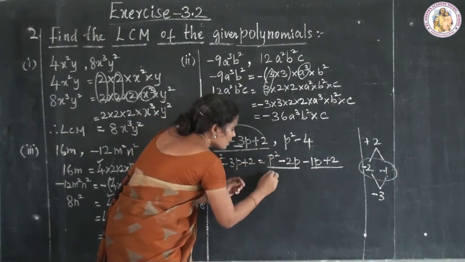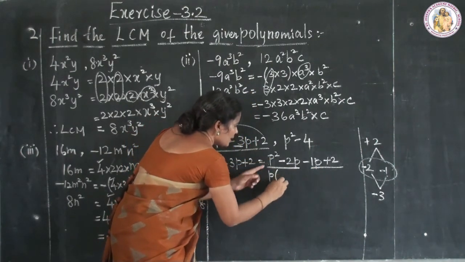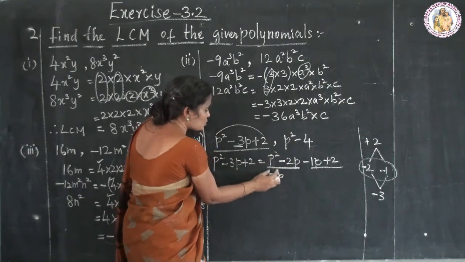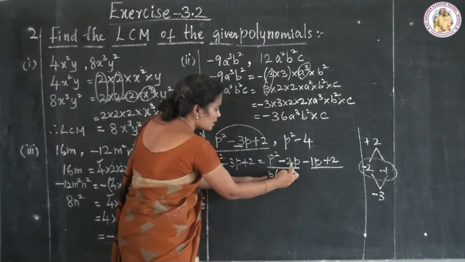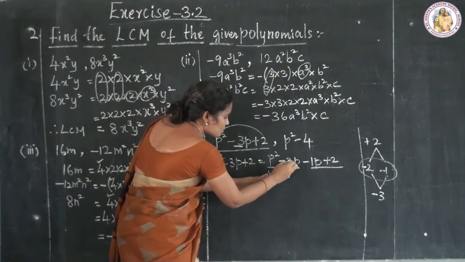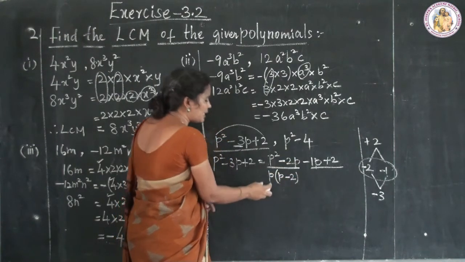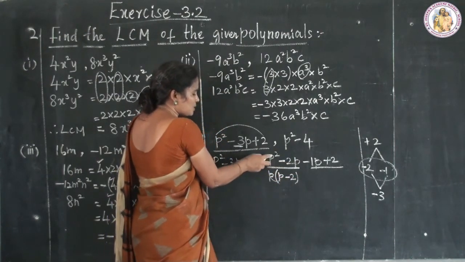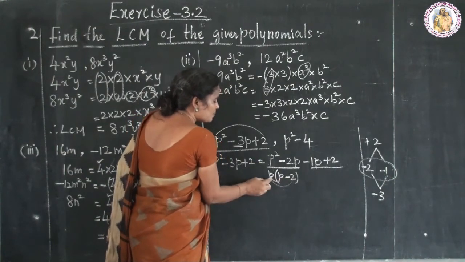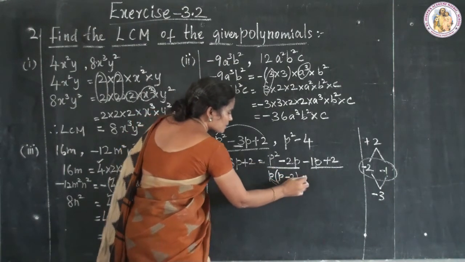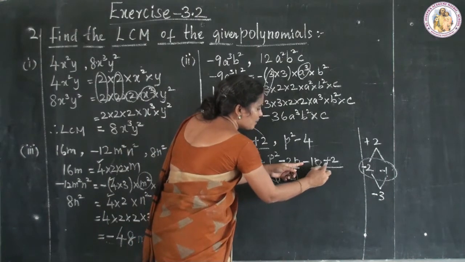Here we have common p, and here p into p square minus p is already here, so minus 2. So that if you multiply, it must be p square minus 2 into p, 2p minus 1p plus 2.